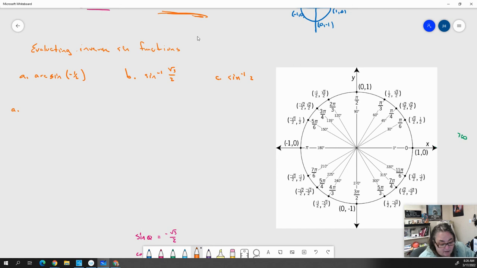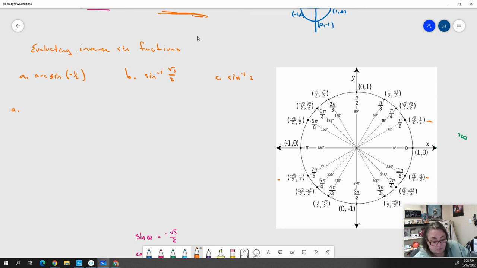Okay, where does sine equal -1/2? Remember that sine is our y value. We know that sine equals 1/2 at that 30-degree mark. Where does it equal -1/2? It equals -1/2 right here, but it also equals -1/2 right here, does it not?